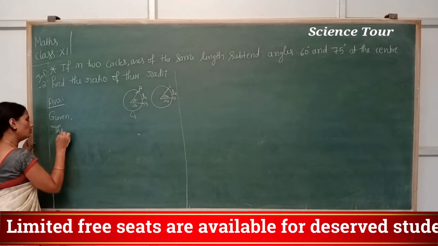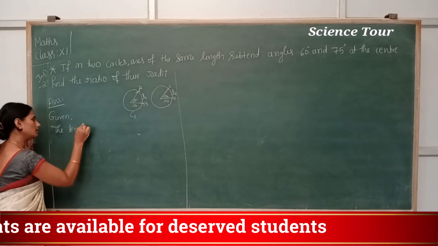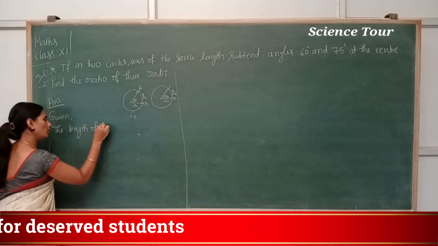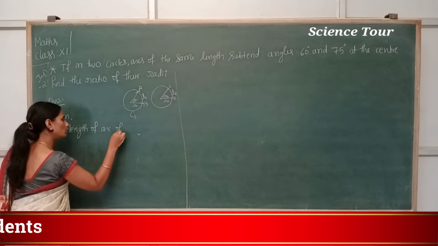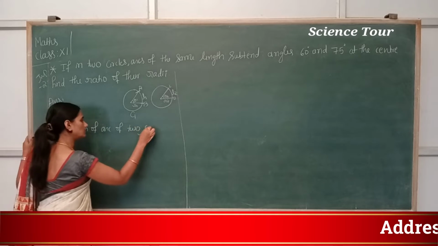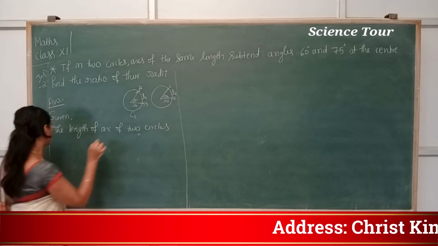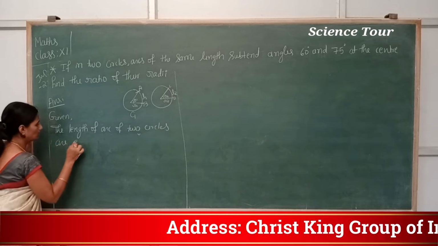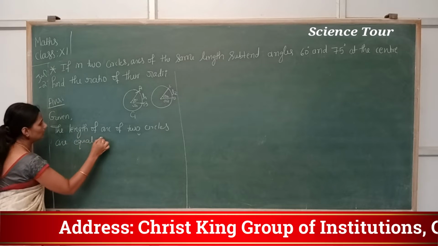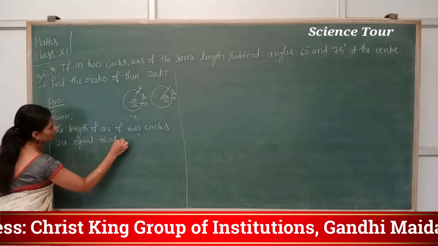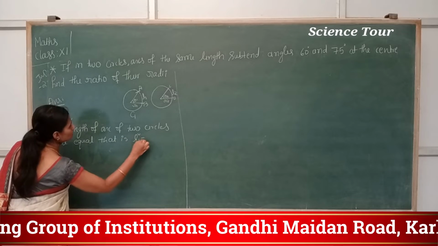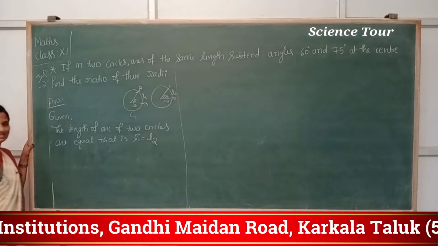The length of arc of two circles are equal, that is L1 is equal to L2, that is given.